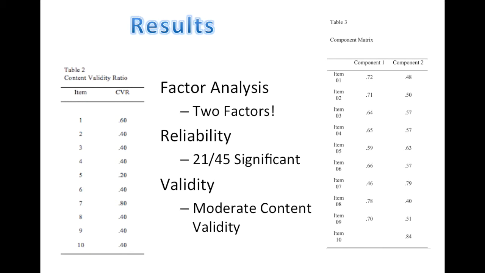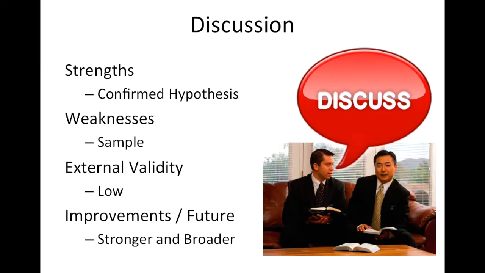And we had overall moderate content validity, with 2 items showing superior content validity, 7 moderate, and only 1 with low content validity. So overall, it was an acceptable test that measured what it purported to measure.